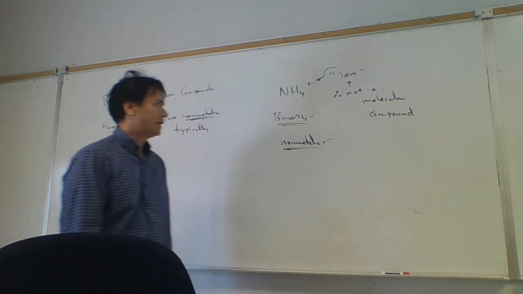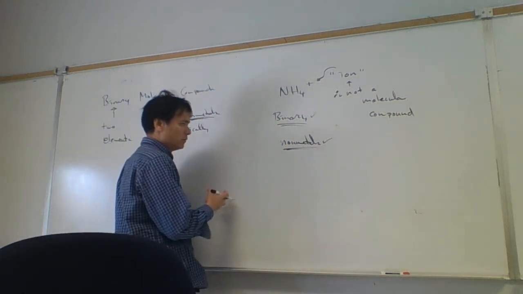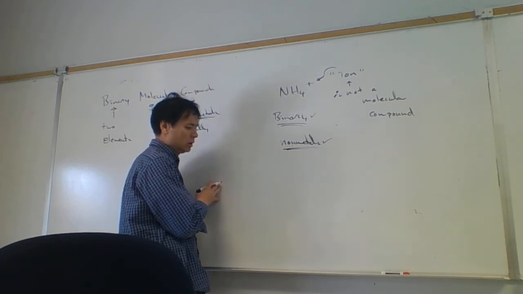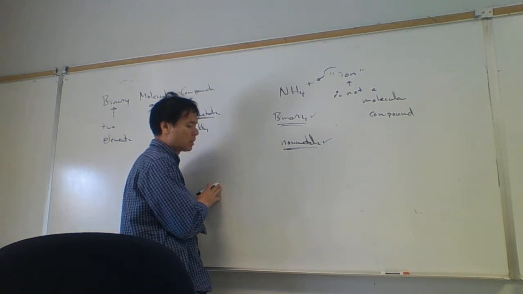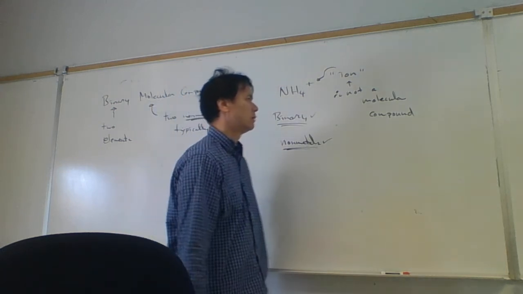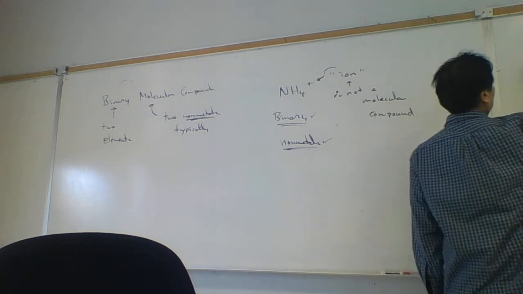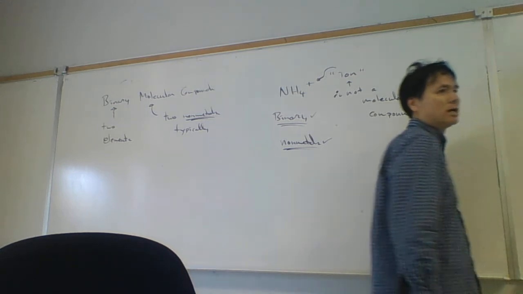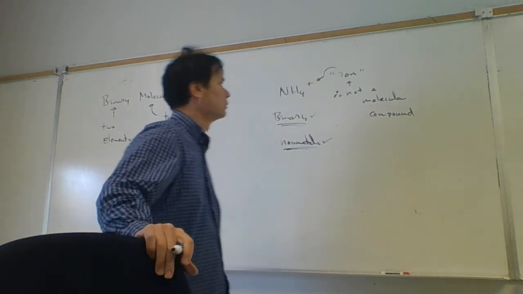And therefore we can't use these rules for this. This set of rules is just for binary molecular compounds. What if we had something like this? HNO2. Is that a binary molecular compound?